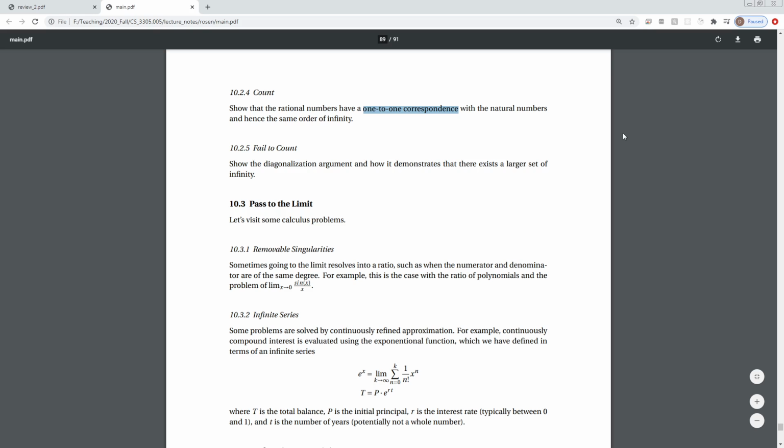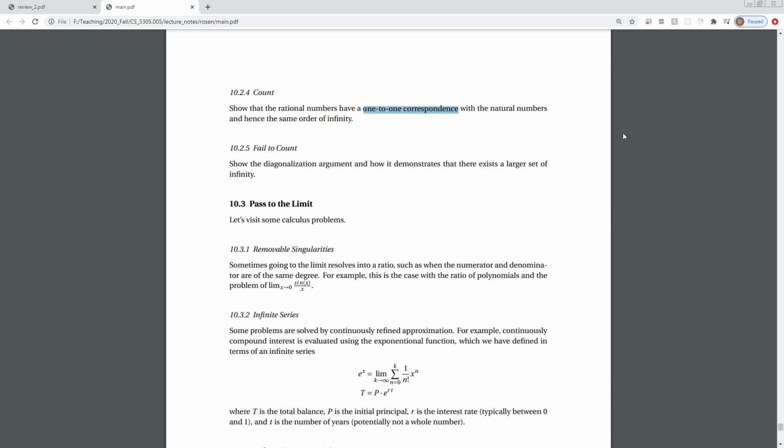By just showing that for every thing in set A, there is some counterpart in set B, and they have this one-to-one relationship, so that anytime you choose something from set A, there's exactly one element that matches it in set B. And for every element in set B, there is some associated element in A, and that's the one-to-one correspondence.